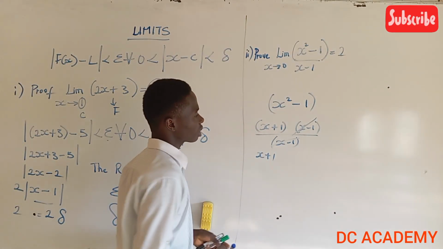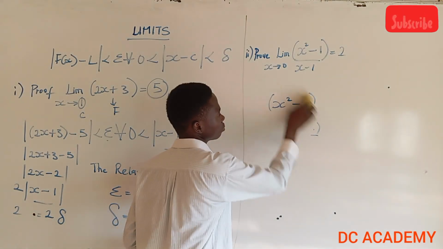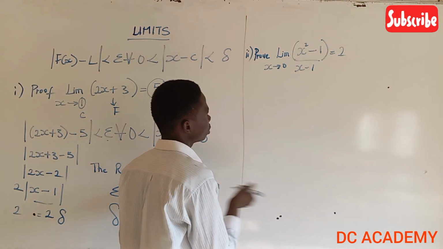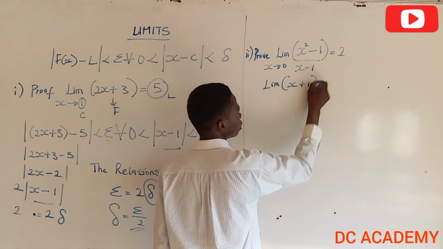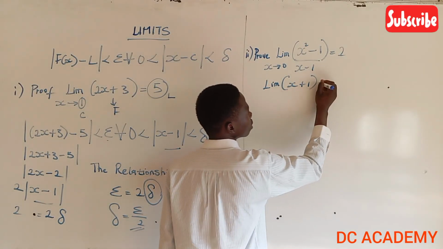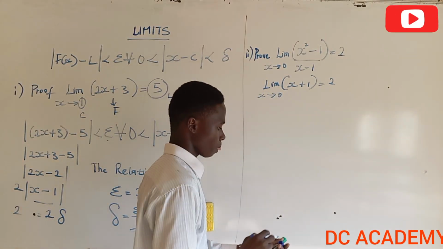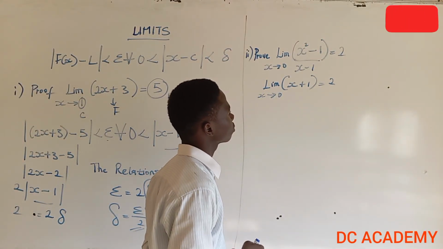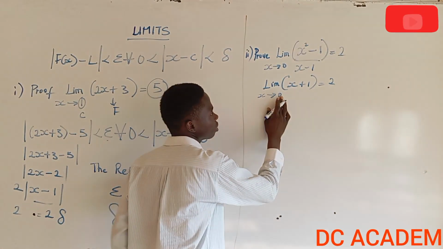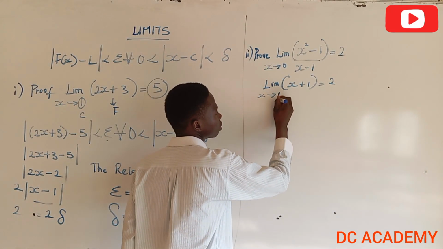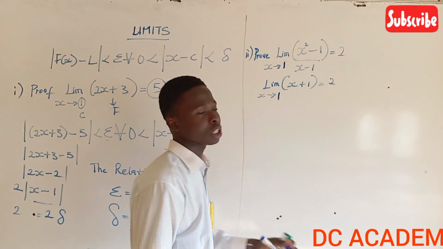So when substituting back in the formula, having gotten this to be x plus 1, we now have the limit of x plus 1 is equal to 2, x tends to what? 0. And sorry, there's a mistake actually. This tends to 1, this tends to 1, but the values are correct actually.